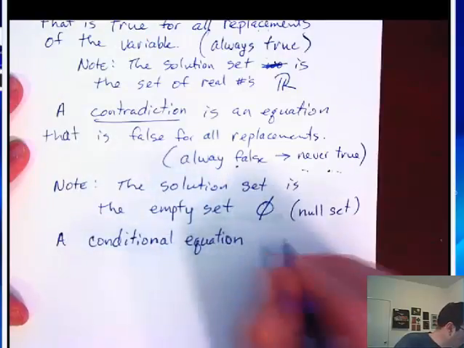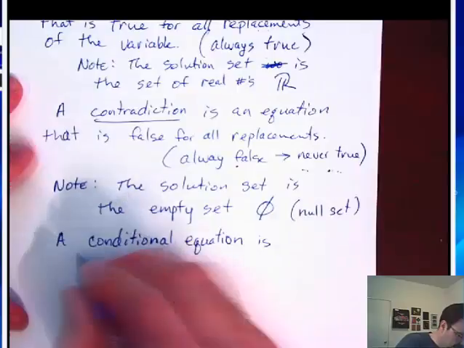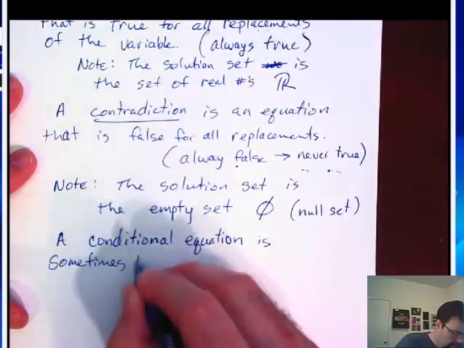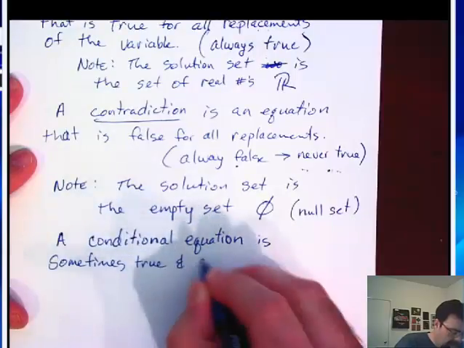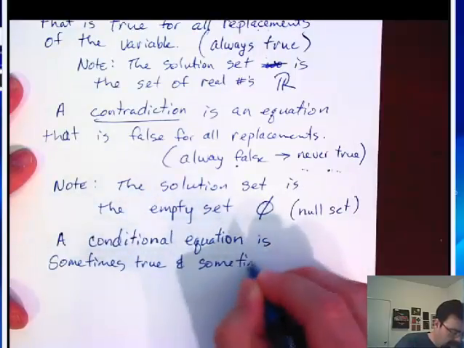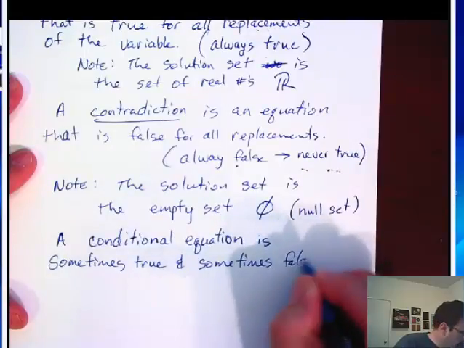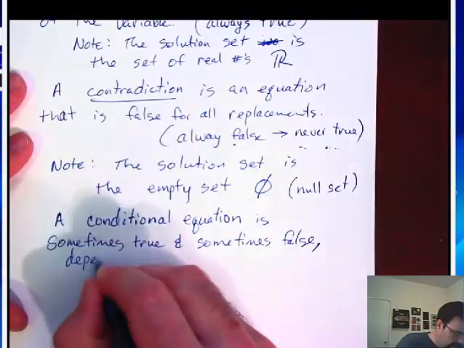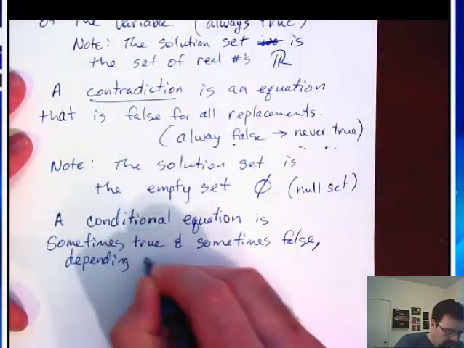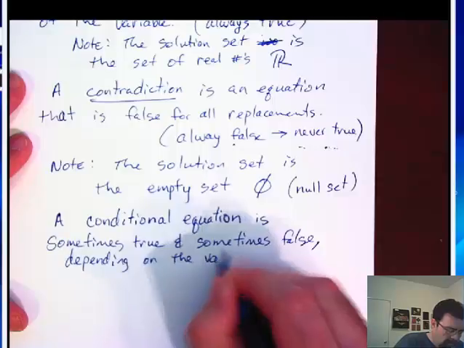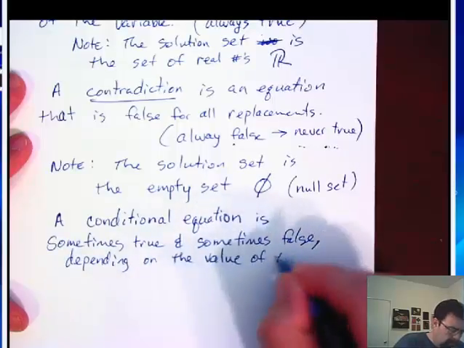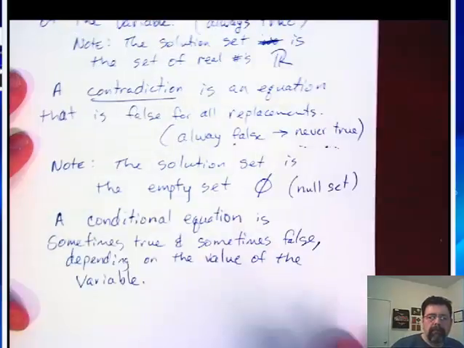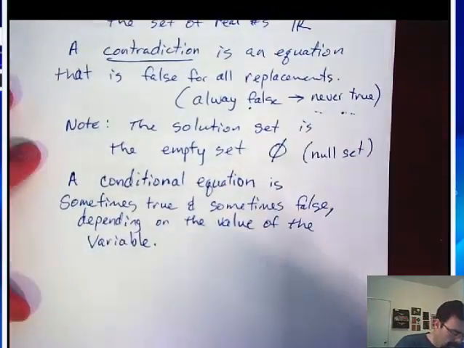So a conditional equation is sometimes true and sometimes false, depending on the value of the variable. Okay.